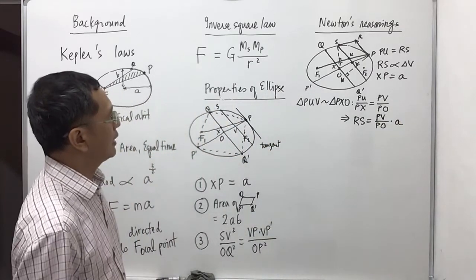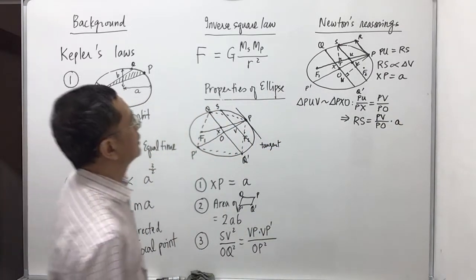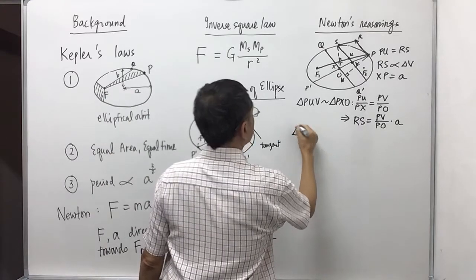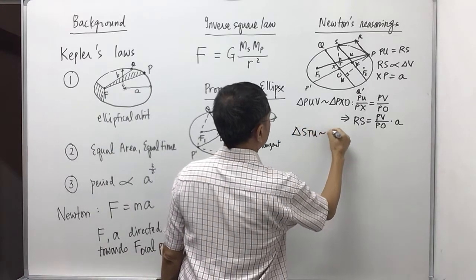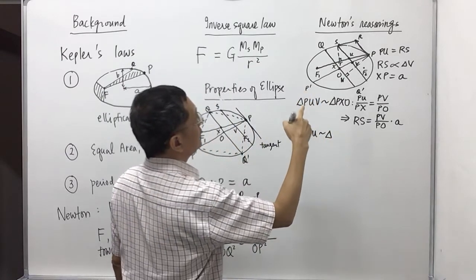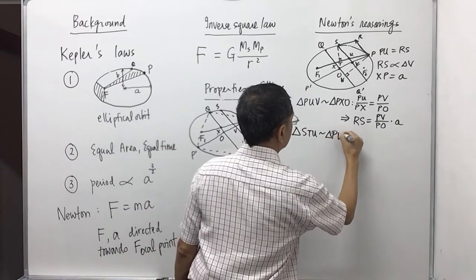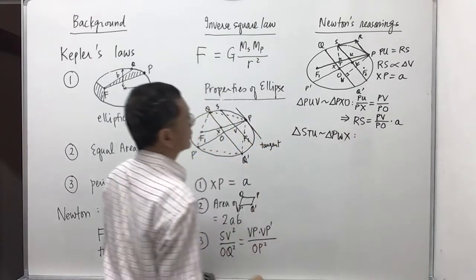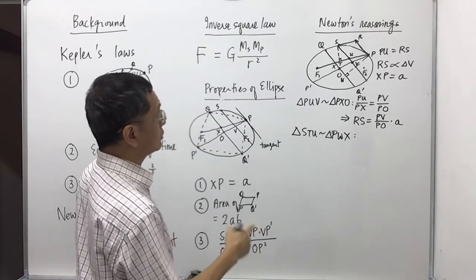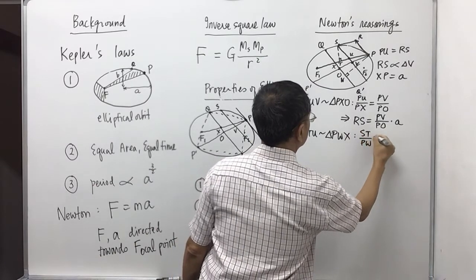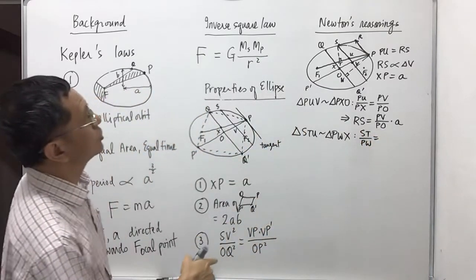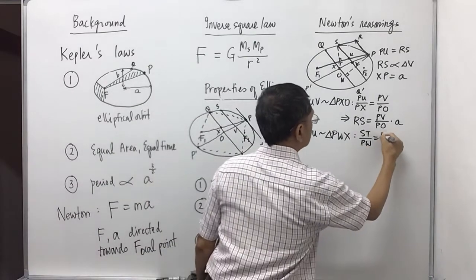Okay, now the other similar triangles we talked about, let's write that down again. STU and PWX. Alright, and we have got similar triangle ratios: ST to PW equals SU to PX.